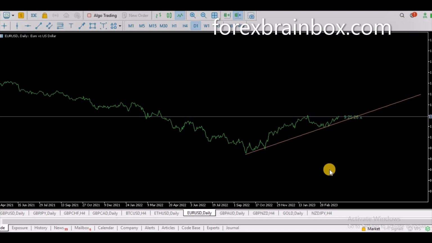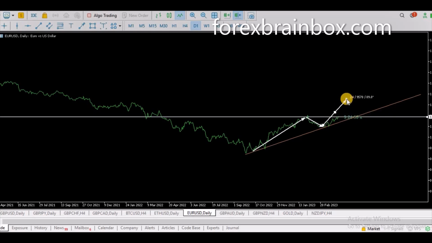So what am I trying to say? You see the market making new highs every time. So this is the first move in this case. Let's call this the first move, 1. And there was a minor retracement, 2, which on a lower time frame is going to be a good move. Then it's going again. It's going to break the previous high right here. It's already close to it. It's going to break it so that it can return to make another move.